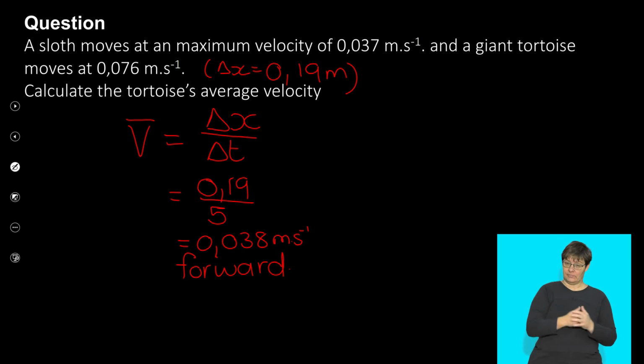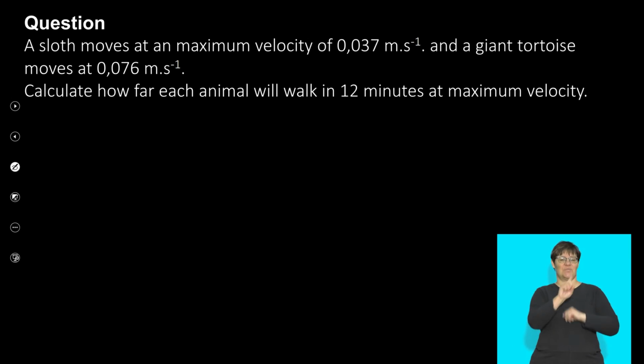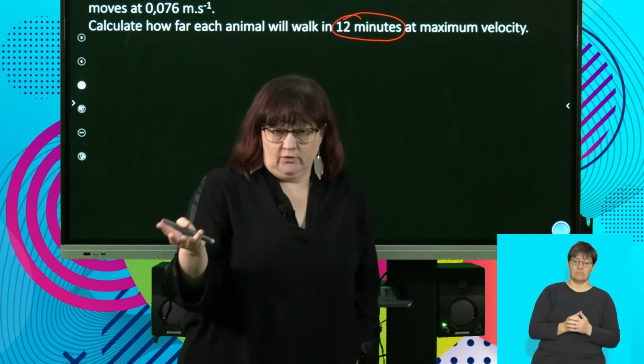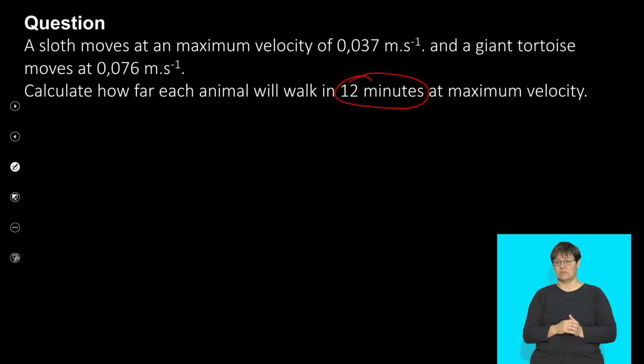There we go. One last question. The sloth and the tortoise are now moving at their maximum, and then they say to you, how far will each animal move in 12 minutes? Okay, well, we all know, okay, we've done that velocity is displacement over time.